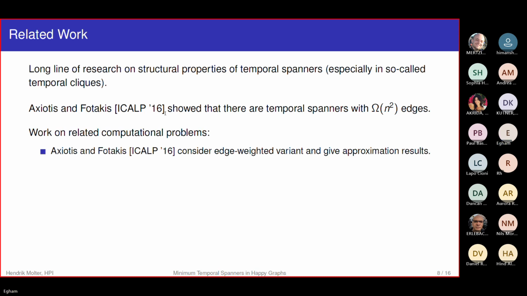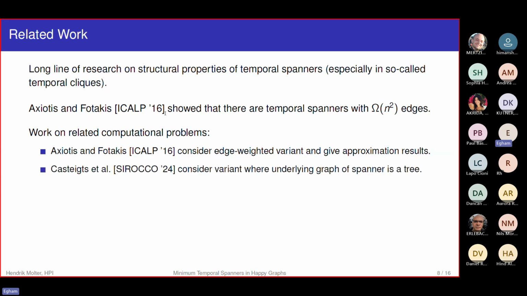And just to also mention, there's a lot of work on related problems. First of all, in this early work, there was also an edge-weighted variant that was considered. There's work on finding temporal spanners where the underlying graph of the spanner is restricted to be a tree.